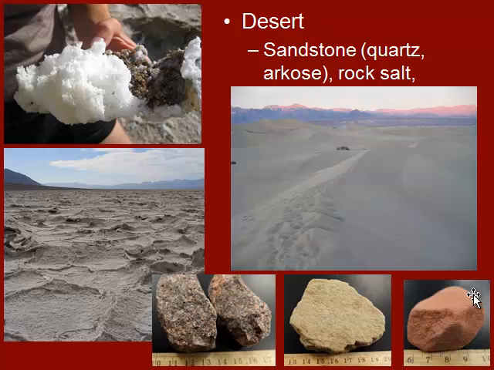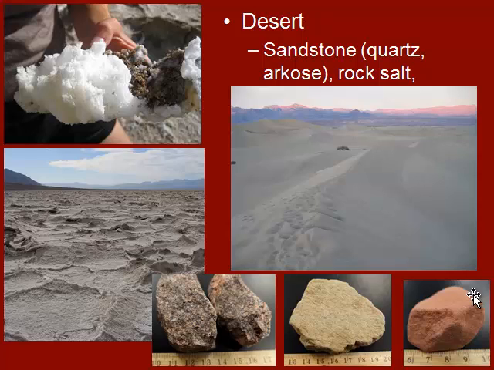In desert environments, we can also get sandstones with quartz, rock salts, and arkose. The thing to remember is that there isn't a lot of water present, so hydrolysis doesn't happen as readily, and we can still see minerals like feldspars. Feldspars are pretty easy to break down through hydrolysis.